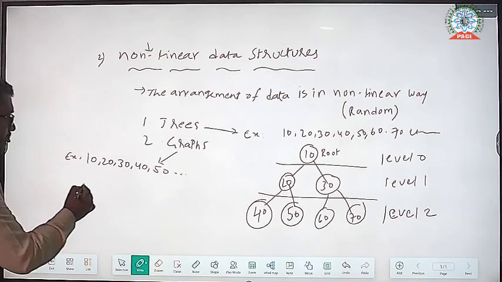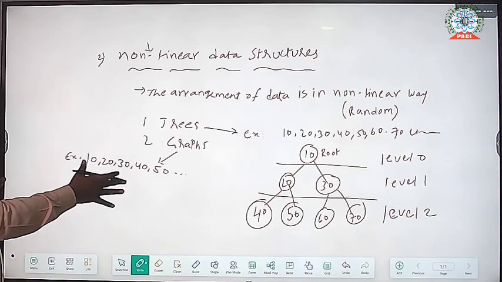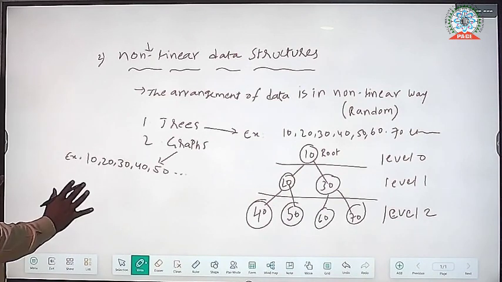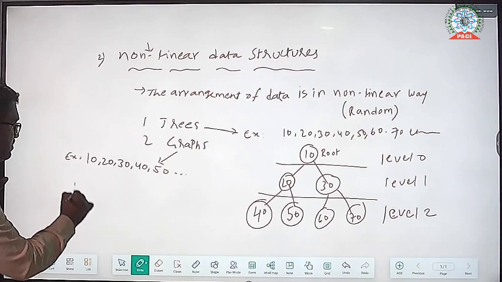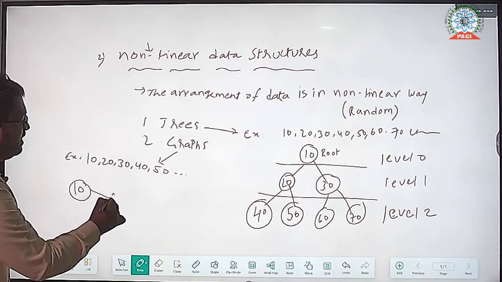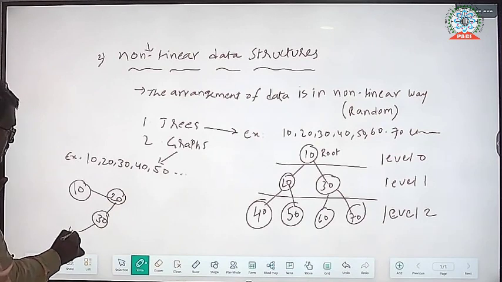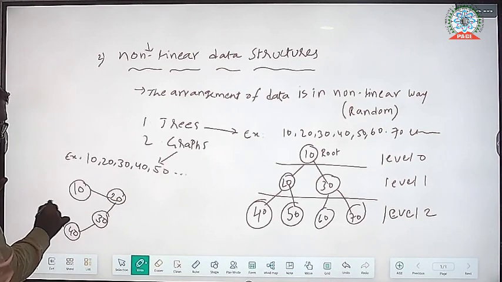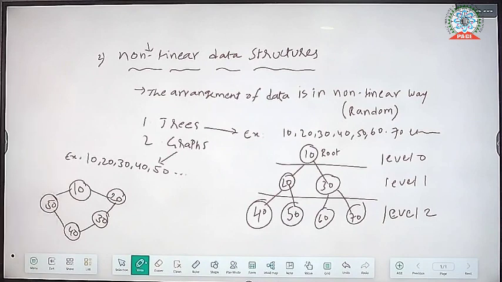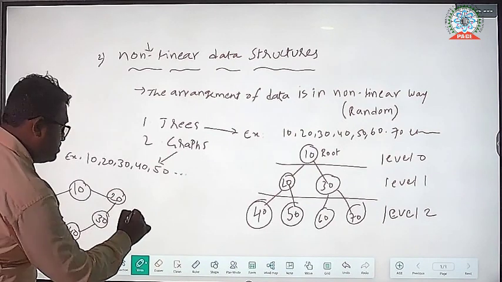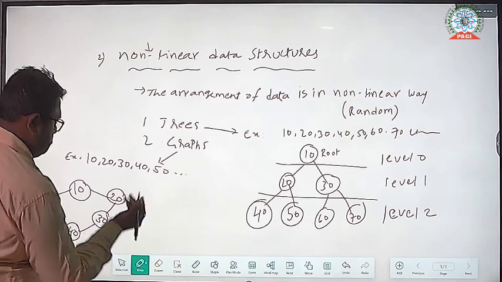So I am going to represent these elements in a graph representation like this: 10, 20, 30, 40, 50. Or we can arrange as per our wish.